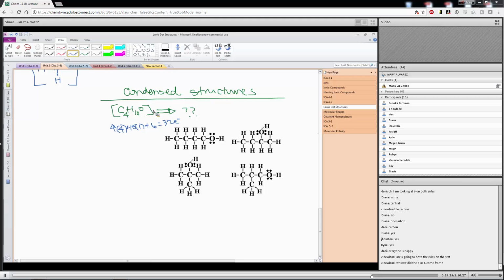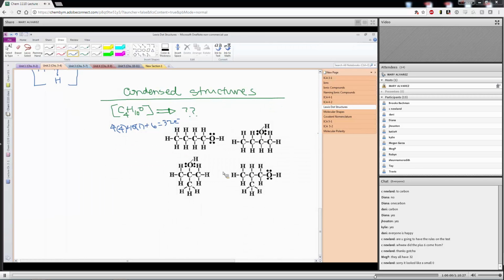Oh, the plus 6 came from the oxygen, because I had 4 carbon atoms, they each came in with 4, 10 hydrogen atoms, they each came in with 1, and 1 oxygen atom, which came in with 6. They all have 32. Meg says they look like they're all valid structures. Yeah, it says O, oxygen.